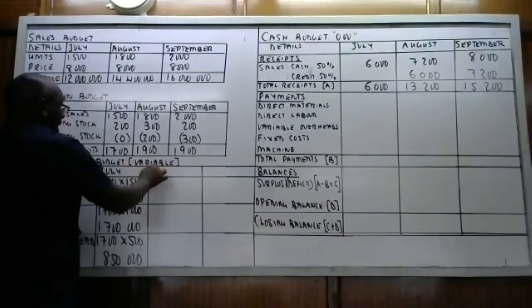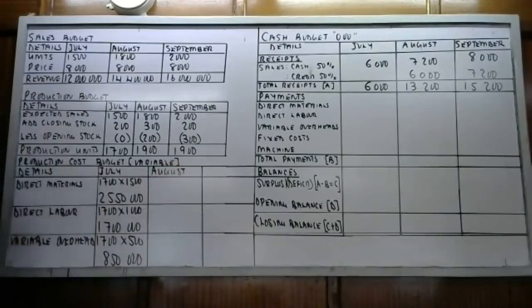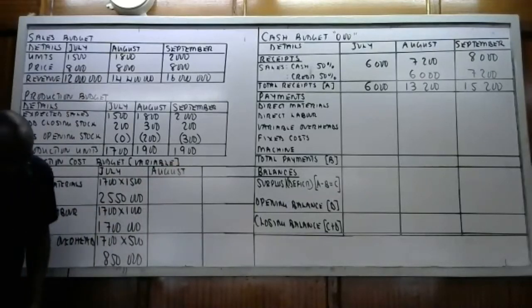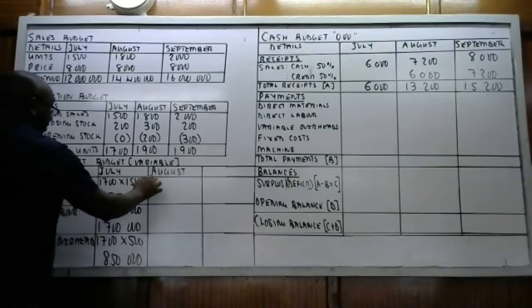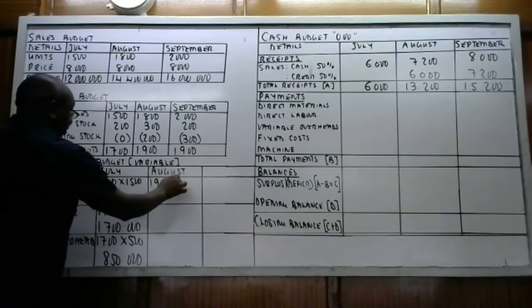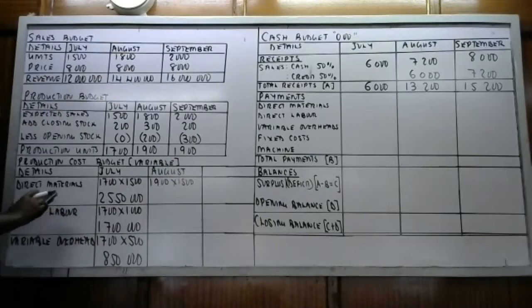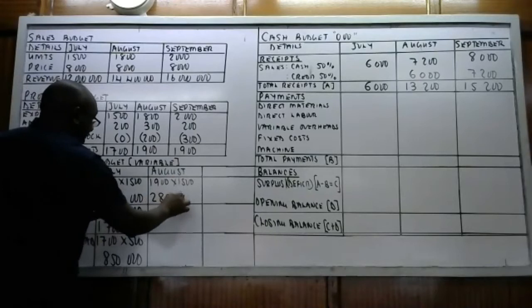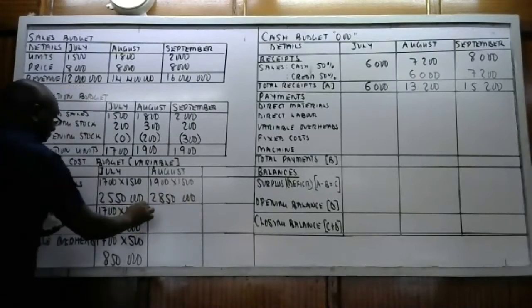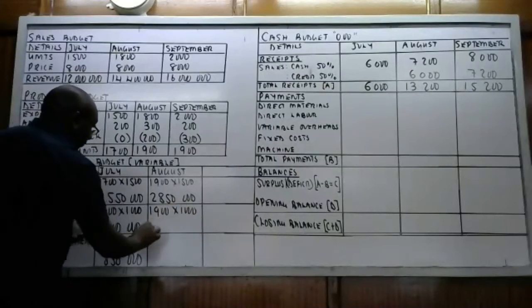So I go to August, where I produced 1,900, each costing 1,500. So 1,900 times 1,500 is 2,850,000. 1,900 each costing me 1,000.